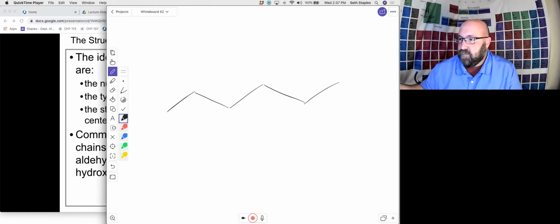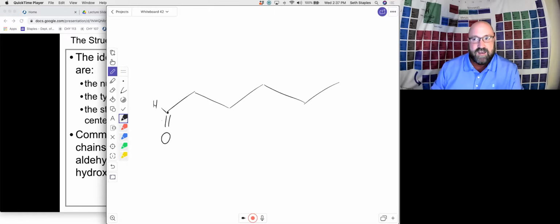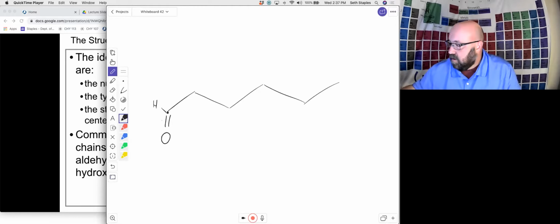And we could have possibly an aldehyde at C1 or a ketone at C2. Let's say we have an aldehyde here at C1. So here's C1, and we would have a double bond O with our H coming off it there. So there's an aldehyde. And then all other carbons would have an OH group coming off.